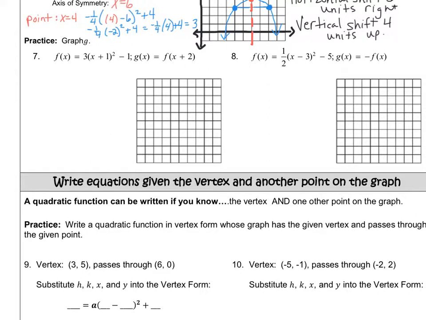All that is saying is our x is going to be all of this right here, the x of f, plus 2. So let's go ahead and rewrite the whole thing.